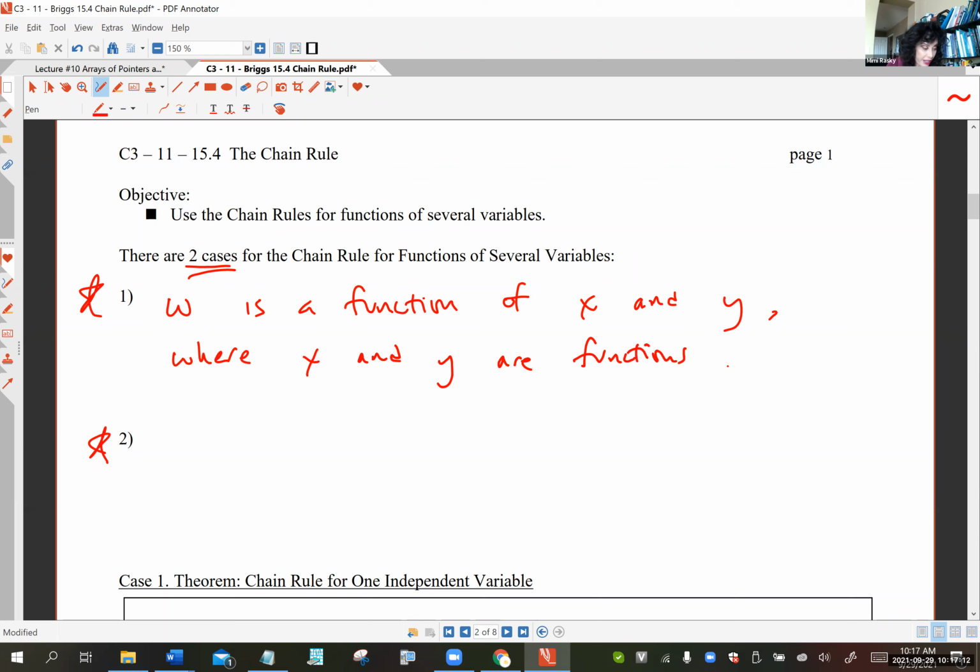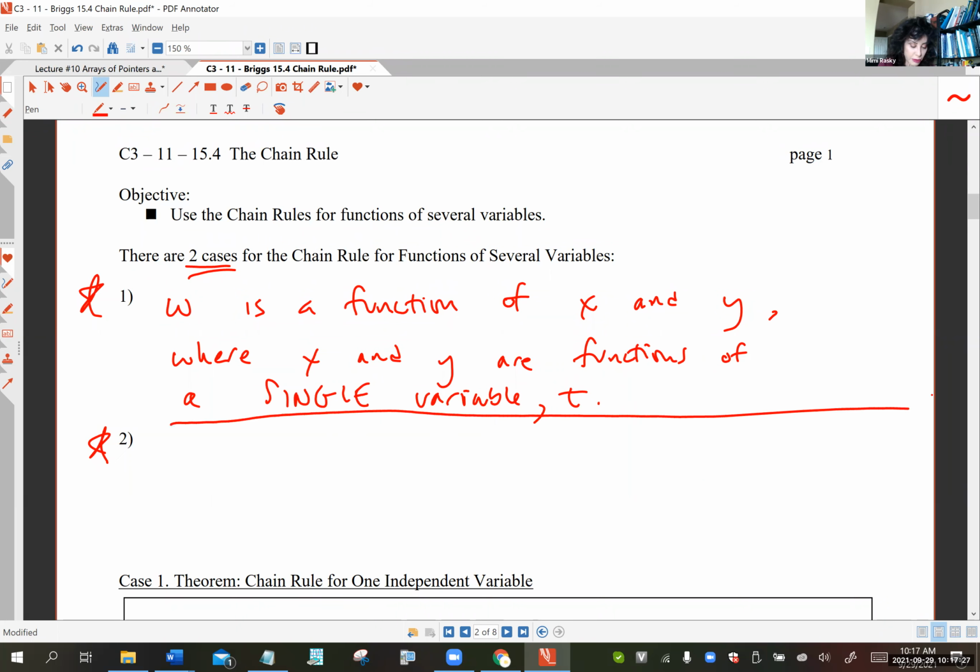They're functions of a single variable, and that's the first case. And we're going to call that variable t, although it doesn't have to be named t. You could use a different letter. Okay, that's the first case, and we're going to look at that first.